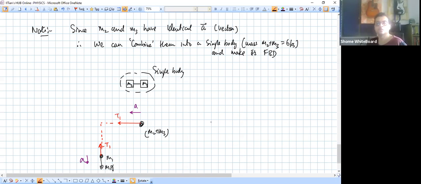So for M2 plus M3 combined, when we write Newton's second law, it will become T1 is equal to M2 plus M3 times A. That's one equation.